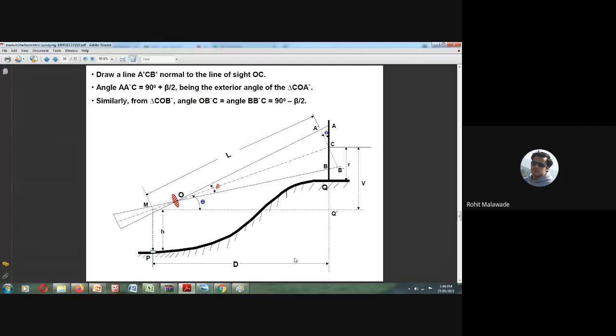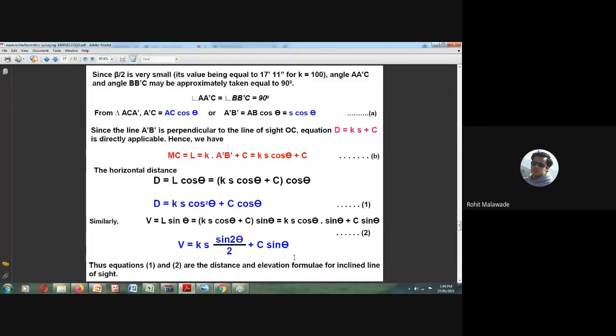Next we will go to the inclined line of sight part of this problem. Now, from the angle, draw A dash C and B dash C, which we can approximately take as equal to 90 degrees.